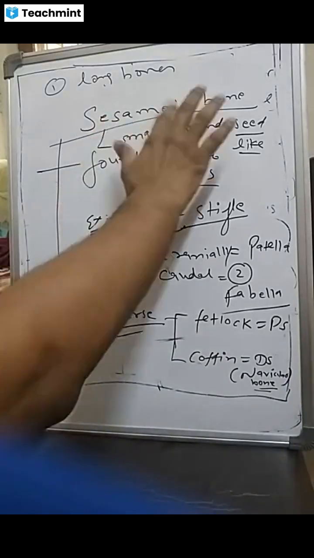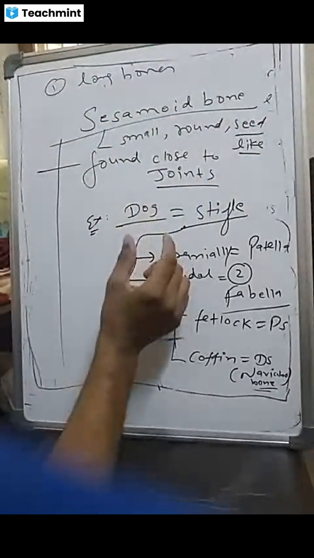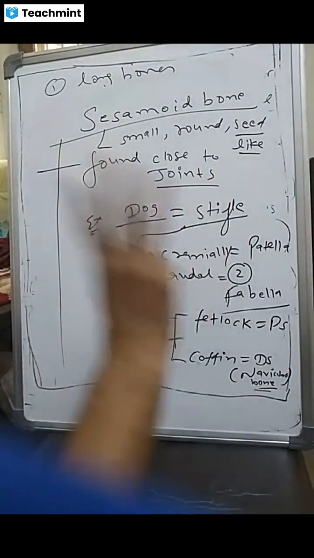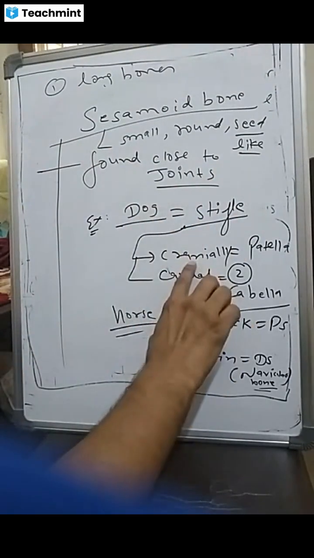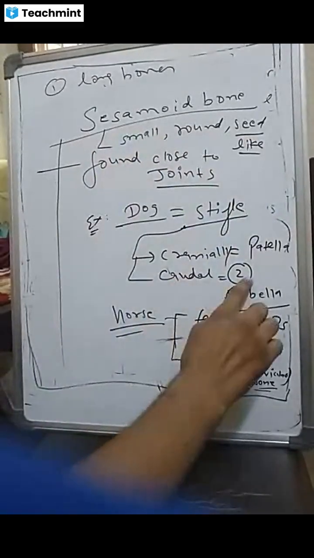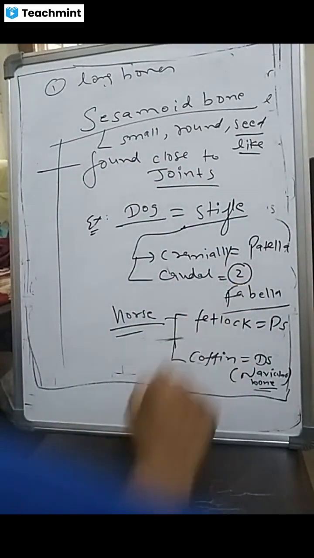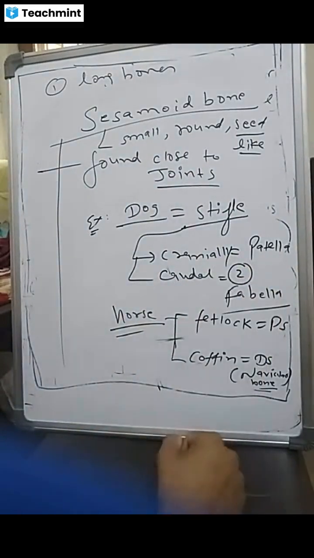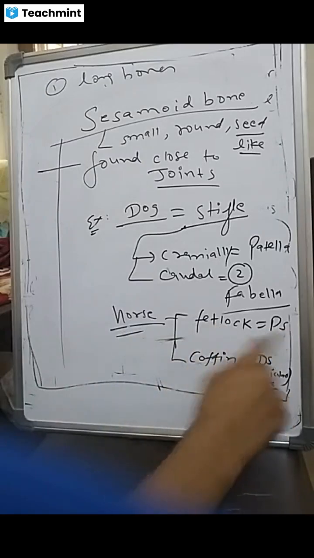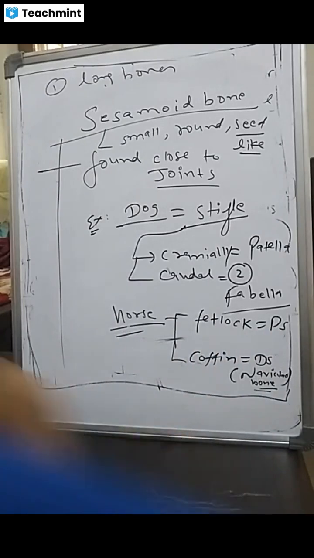So most commonly these are small rounded structures near a joint. Dog stifle joint, there are three: one is the patella, two on the back side, the fabellae of the distal femur. In the horse, fetlock joint, proximal sesamoid, and coffin joint, navicular bone.